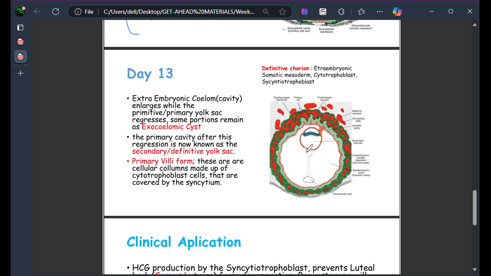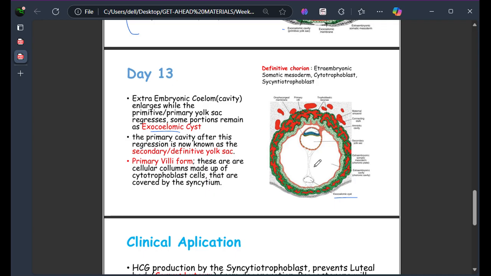As it is being pinched off, its remnants are what is known as the exocoelomic cyst. It's more like a piece of tissue that remains as it is being removed from the primary yolk sac. So as the primary yolk sac is being reduced in size, one of its remnants, so to say, as it is regressing, remains as the exocoelomic cyst.